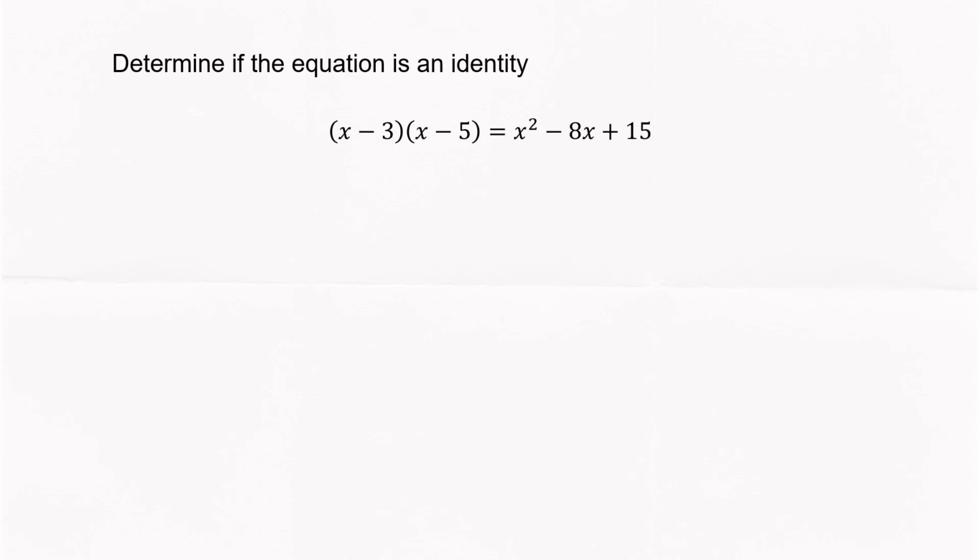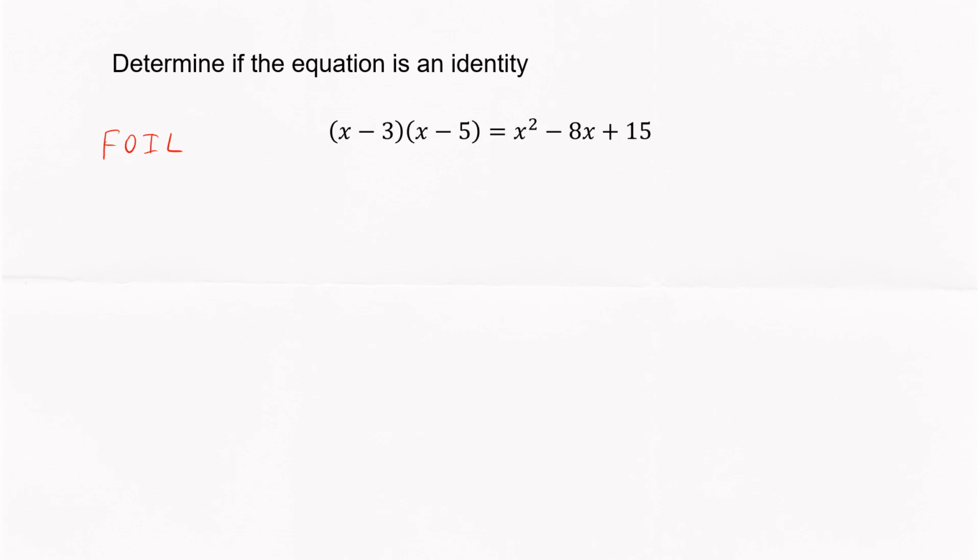On the left side here, we actually have two binomials, x minus 3 and x minus 5. We can multiply them by a process called foiling. Foiling is based off of the distributive property, and it applies when you're trying to multiply binomials.